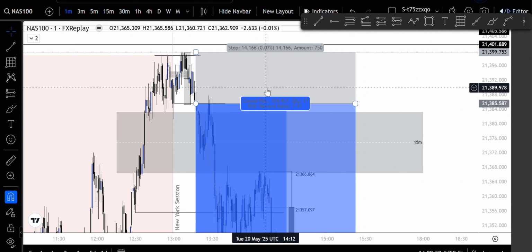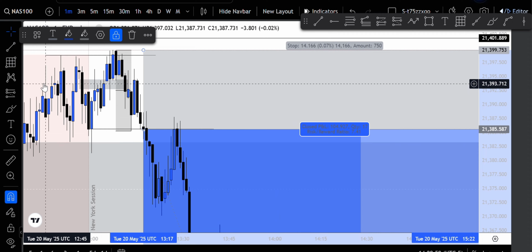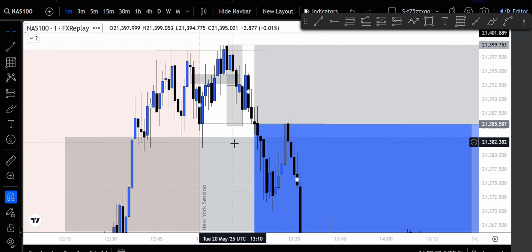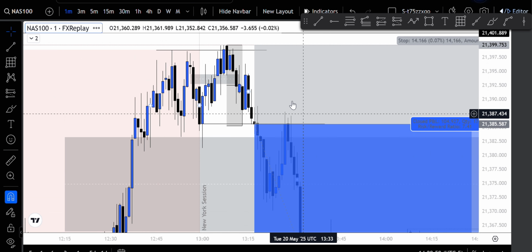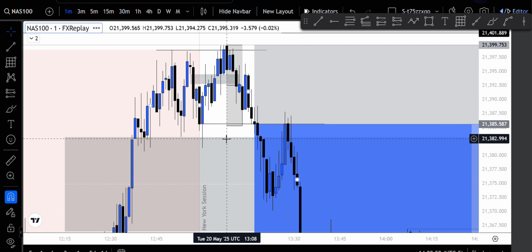Look, top wick right here, swept this one, change in state of delivery. And to confirm the trade even more, this is what I like to do: when you enter a trade, if price comes back to the change in state of delivery zone, because as you guys saw from my change in state of delivery video, everything above a change in state of delivery in this example is a zone.